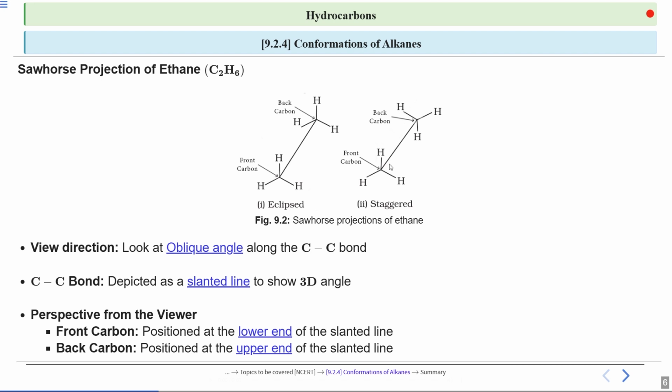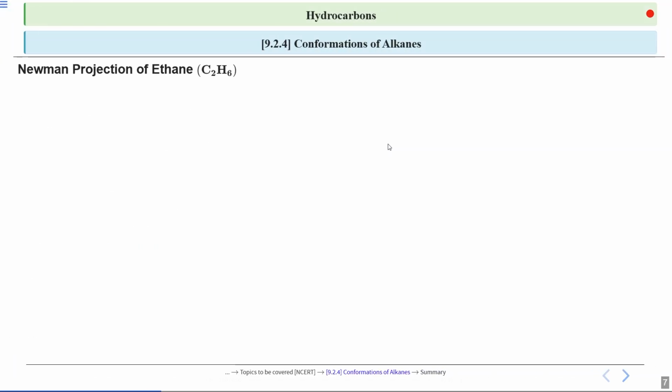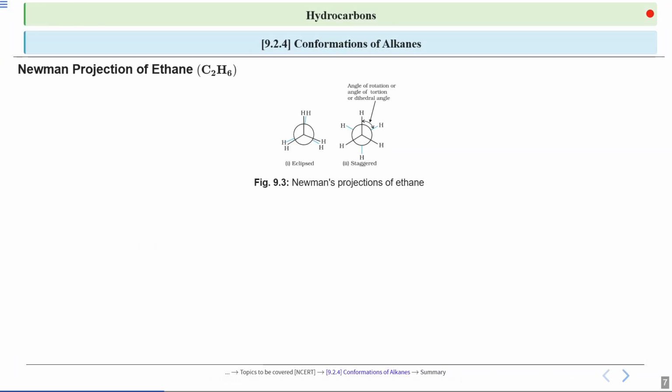Whereas if you move on to the staggered conformation, we have an upward hydrogen and then a downward hydrogen. So these are the two possible conformations of your ethane molecule shown with the help of the Sawhorse projection. Now moving on to the Newman projection of ethane.